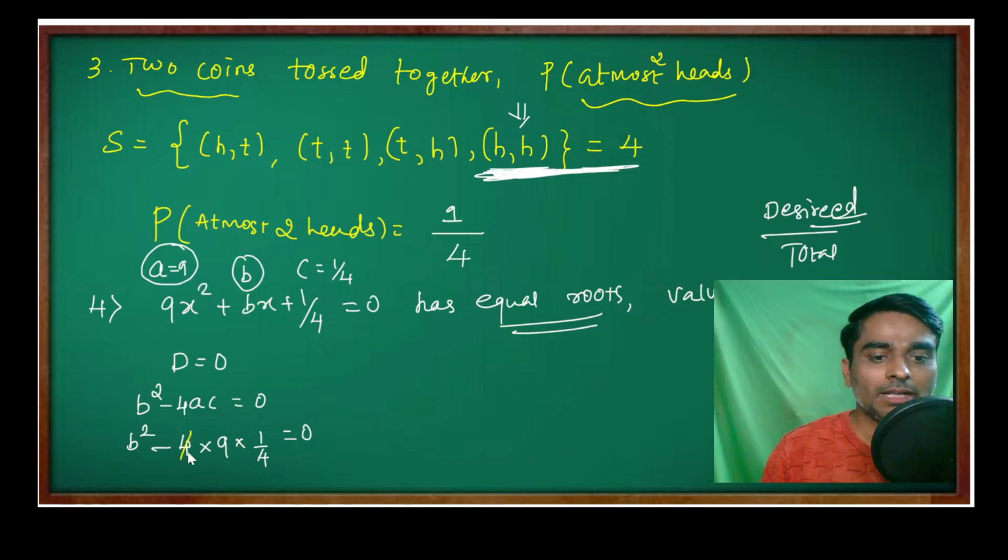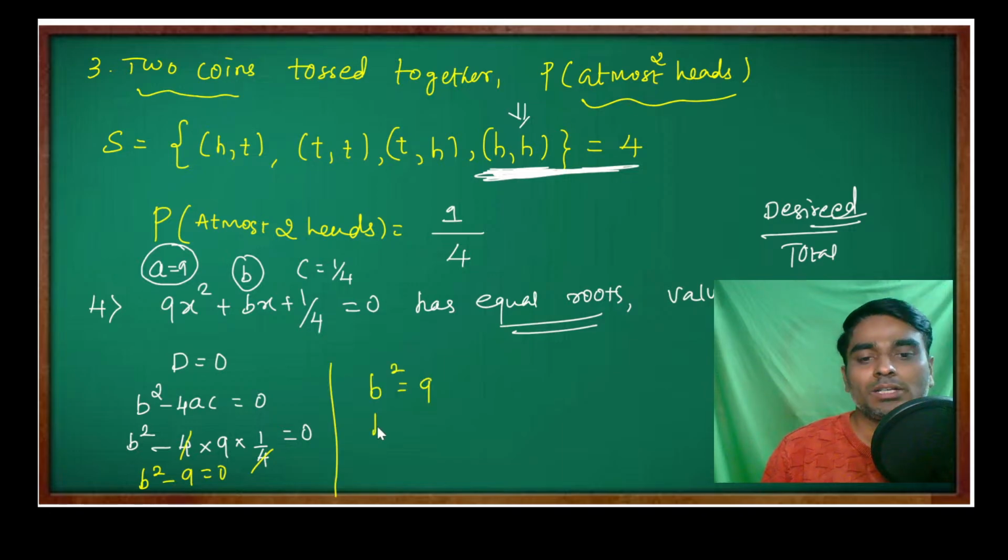So I will cancel 4 and 4. I am remaining with b square minus 9 equal to 0. Then b square is equal to what? 9. So b will be plus or minus root of 9, that is plus or minus 3.